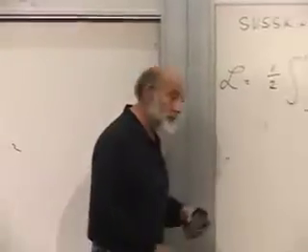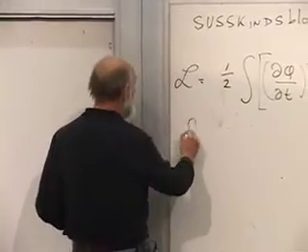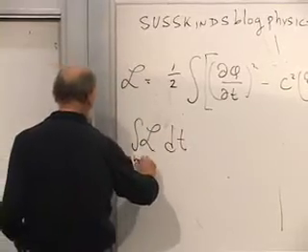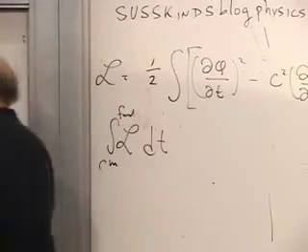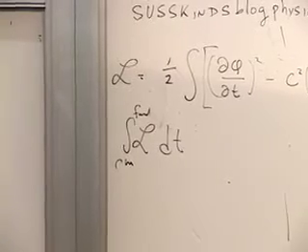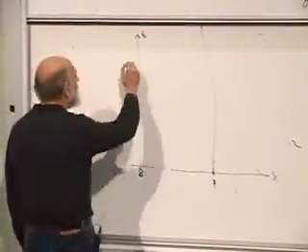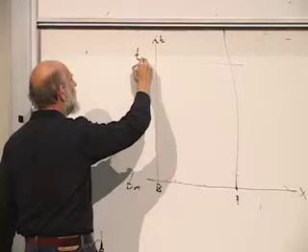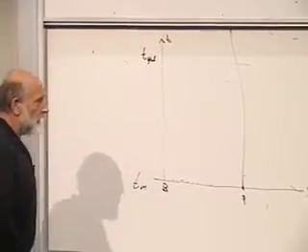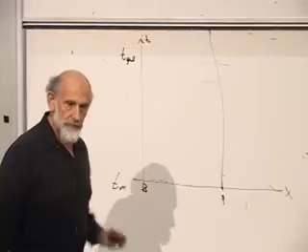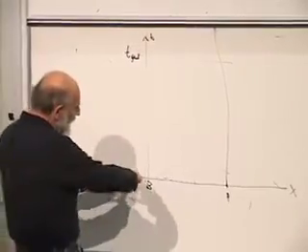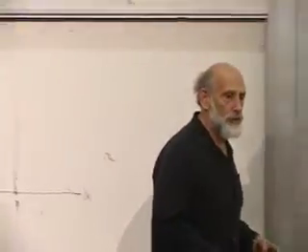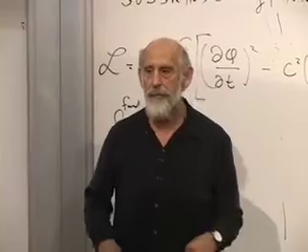But what about the action? The action is the integral of the Lagrangian with respect to time from some initial to some final time. So let's pick an initial time over here, t initial, t final. Before we write it, let's remember what we're supposed to do. We pick an initial condition, and an initial condition means we specify the q's. Well, what are the q's in our problem? The phi's.